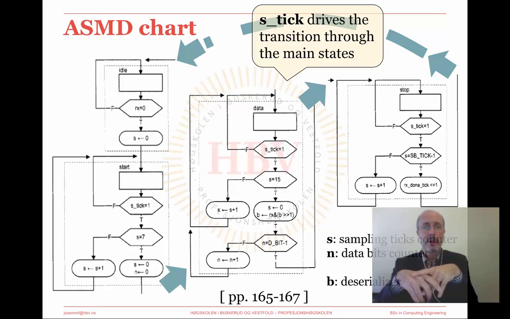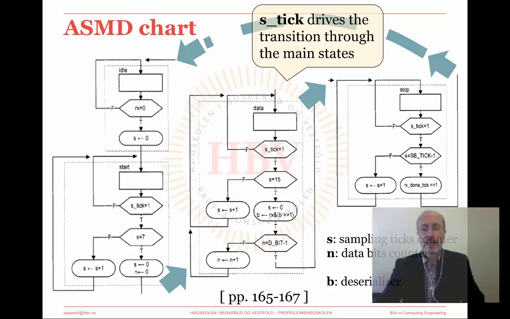And that is because we are not using a parity bit in this case. So the first state, which is called idle, is where the FSMD remains after each stop bit while it is waiting for the next byte to start.